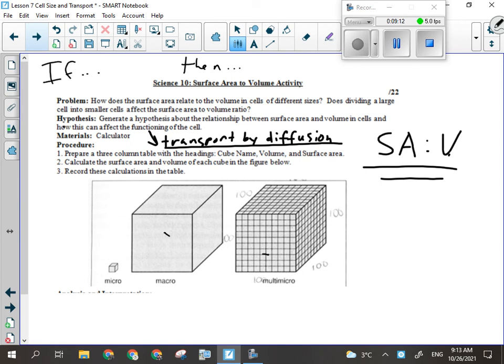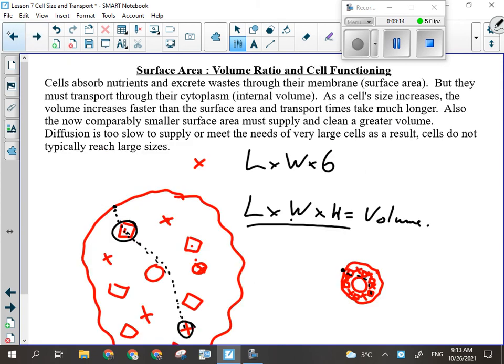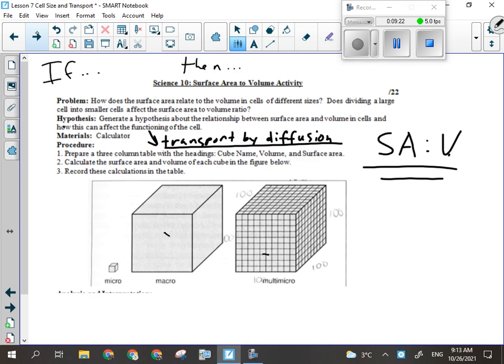And we just talked about that a minute ago when we were looking at this here. Okay. So if cells transport materials by diffusion and cells of different sizes are compared, then cells with large surface area to volume ratios will, you tell me.